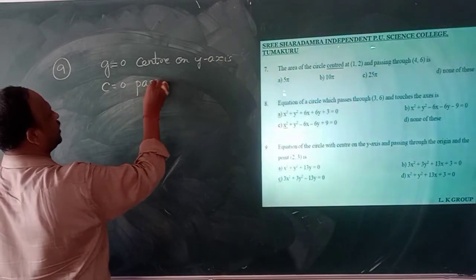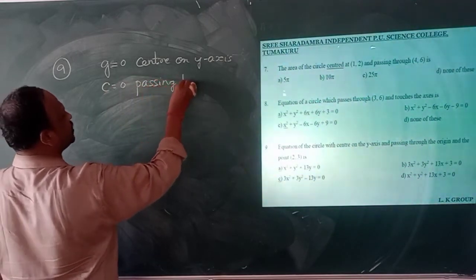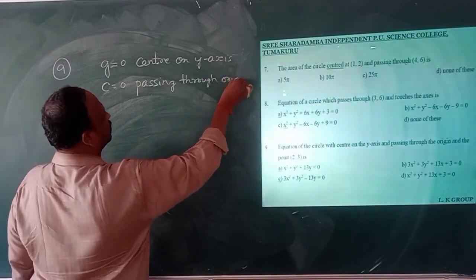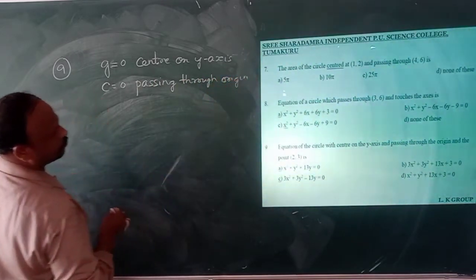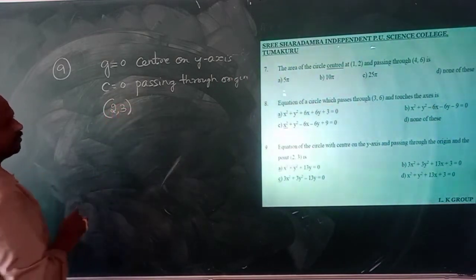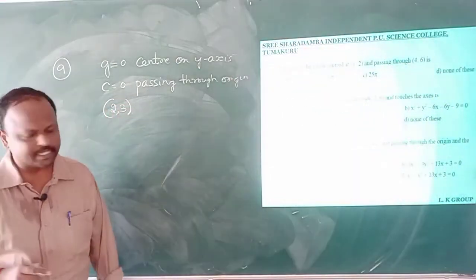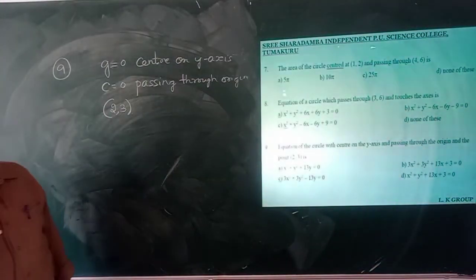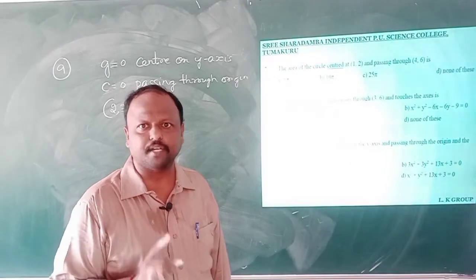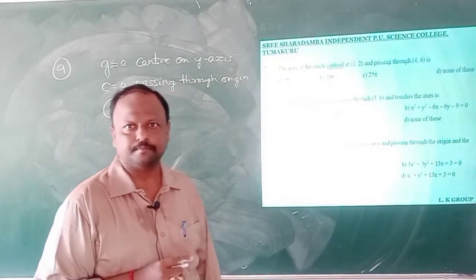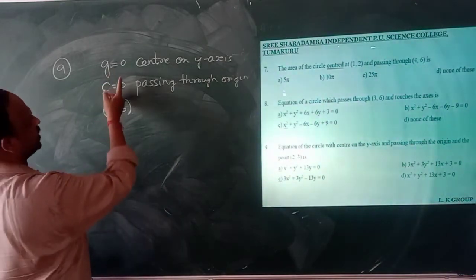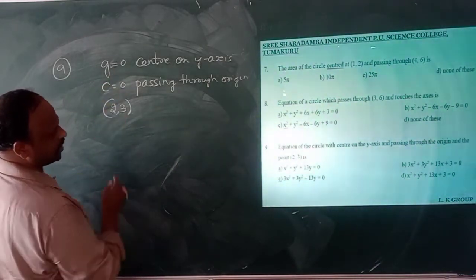Passing through origin condition, c is equal to 0. And passing through a point (2, 3). As I told you, whenever passing through condition is there, try to substitute the given point in the option. Now you can observe g is equal to 0 and c is equal to 0.